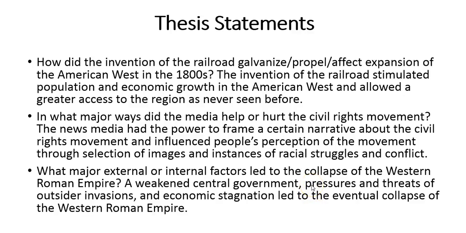And then your second body paragraph, according to this thesis statement, would be about how pressures from outsiders, such as the barbaric Germanic hordes, for example, the Visigoths and so forth in the north, kept threatening to invade the empire, and they did execute different attacks, successful and unsuccessful attempts to invade and weaken the empire, right?